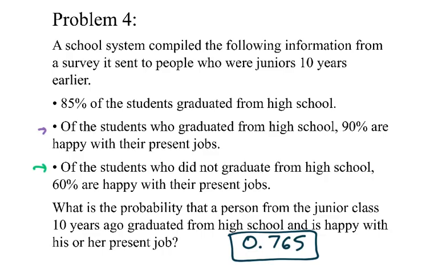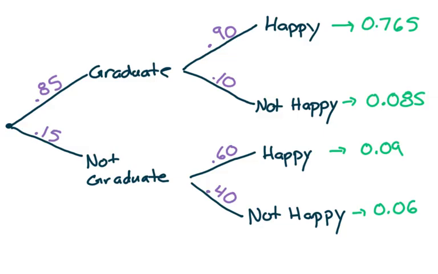So 5, let's find the probability that somebody is not happy. So to find the probability that somebody's not happy, I'm going to look at my branches that are not happy.